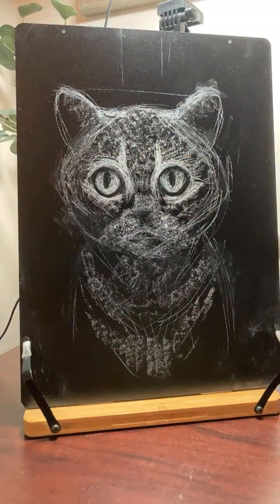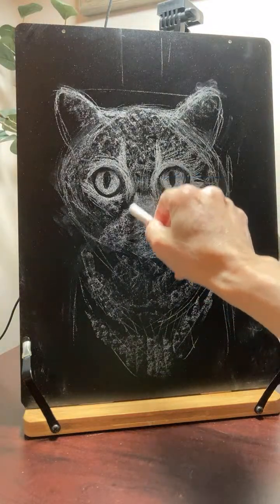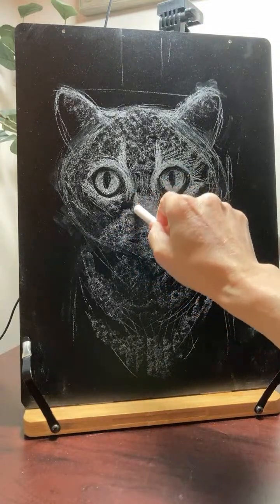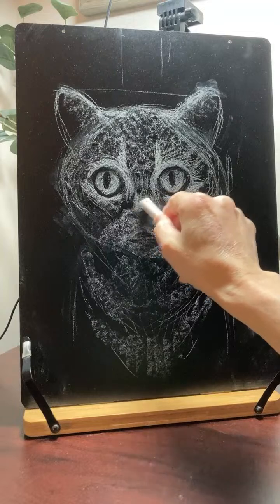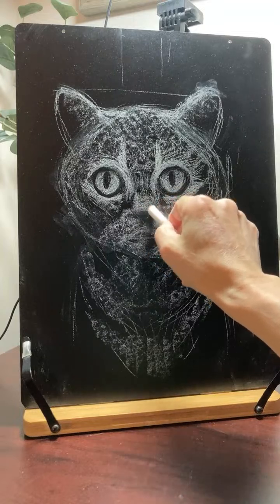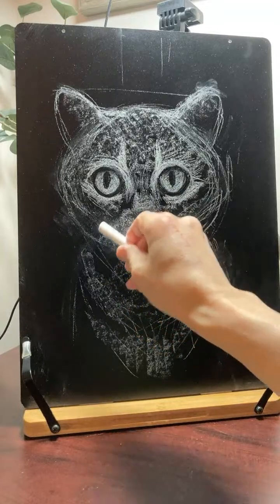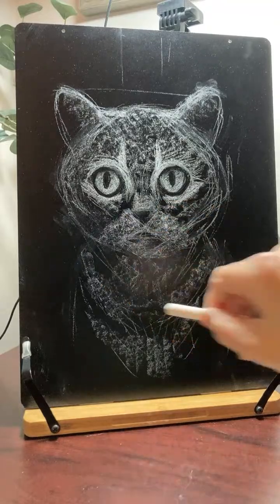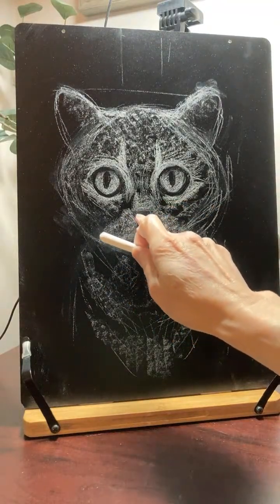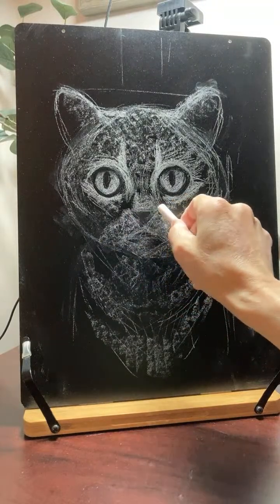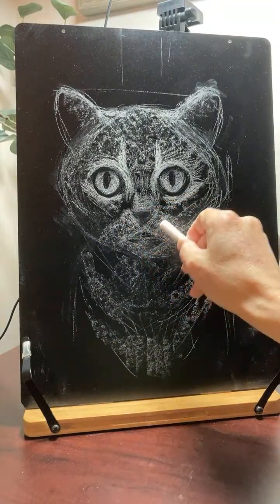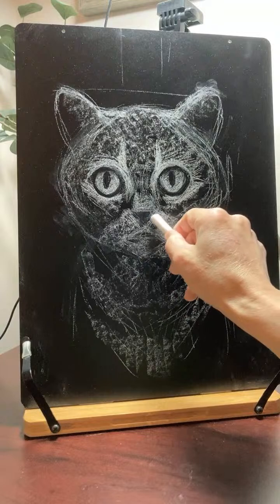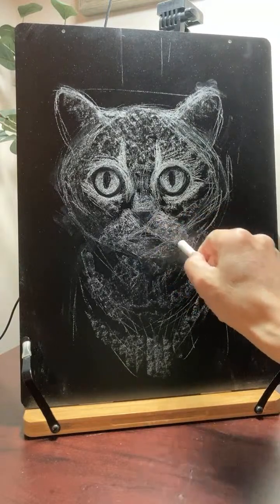OK。然后这是他的鼻子。然后鼻子下三角形，a very tiny nose. Start from here. And he got a mouth like this.